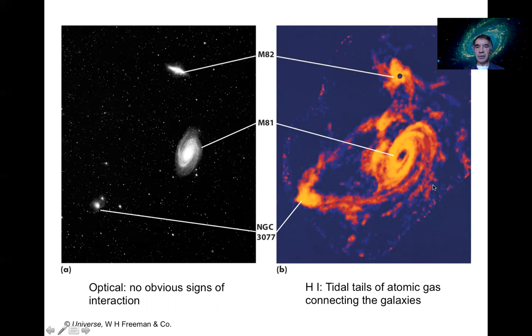The gas is extending way out. When you look at the gas that's further out, you can see clearly that there are tidal tails of hydrogen gas linking all 3 of these galaxies together. So all 3 of these galaxies are in the process of interacting with each other. And this one up here, we shall come back to in a moment, is extremely clearly a very active galaxy at the moment.